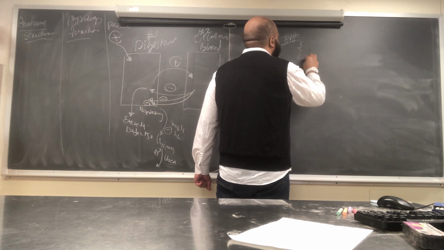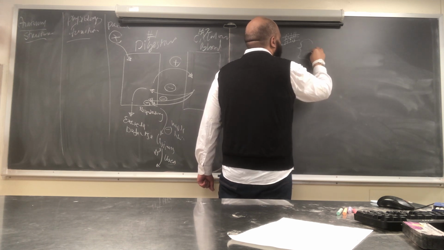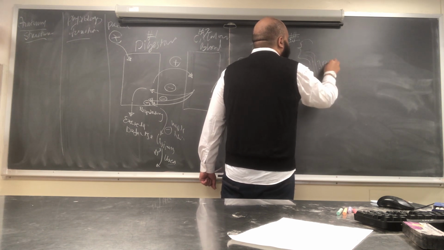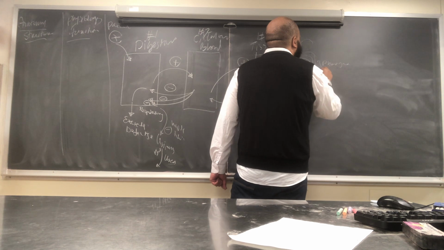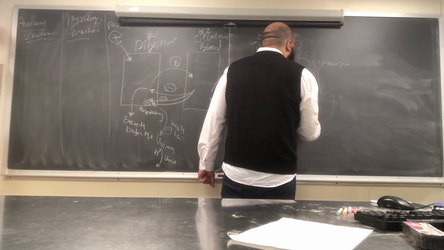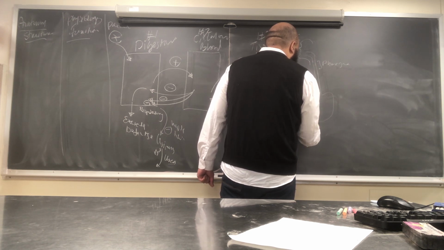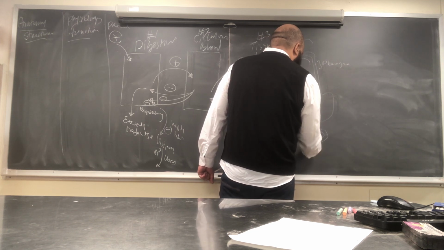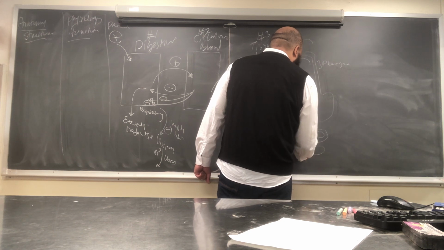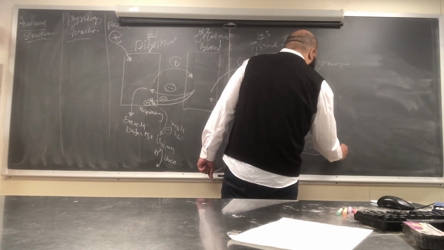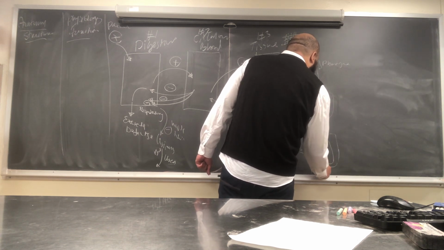beginning with the oral cavity, and then the pharynx, and then you have the esophagus, and then you have the stomach, and then you have your duodenum, and then you have your jejunum, ileum, and then you have your cecum, and then you have your colon, and then the transverse colon, and then the sigmoid colon, and then you have your rectum.